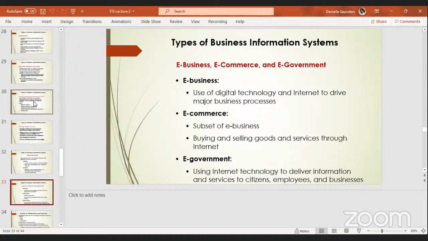B2C is where a business sells to the consumer. C2C is where the consumer sells to the consumer, like with PayPal. And there's government to consumer, which is e-government. But e-business is the big broad concept where everything on a network that a business needs can be facilitated in digital technology. Next slide.